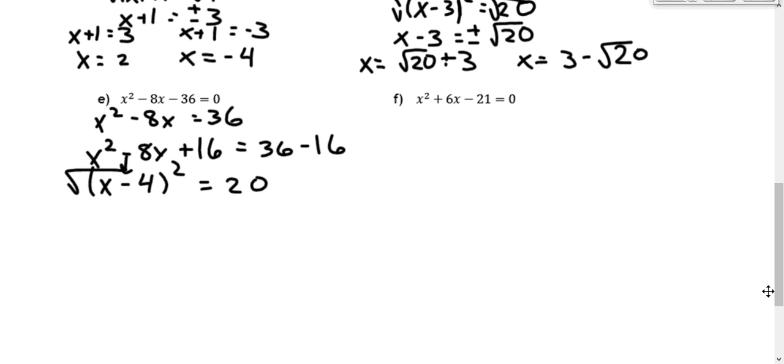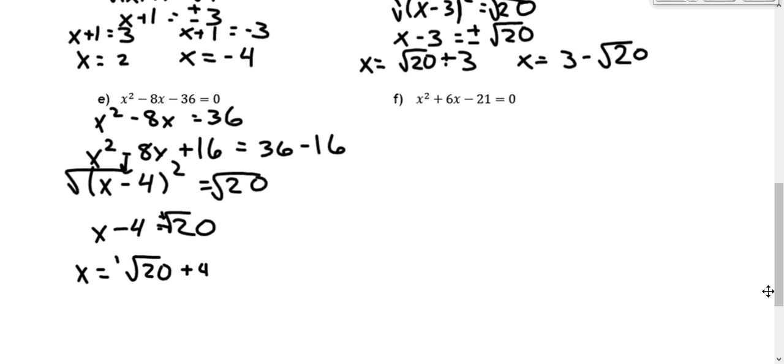Square root both sides. x minus 4 is equal to plus or minus the square root of 52, so x is equal to 4 plus the square root, or 4 minus the square root.